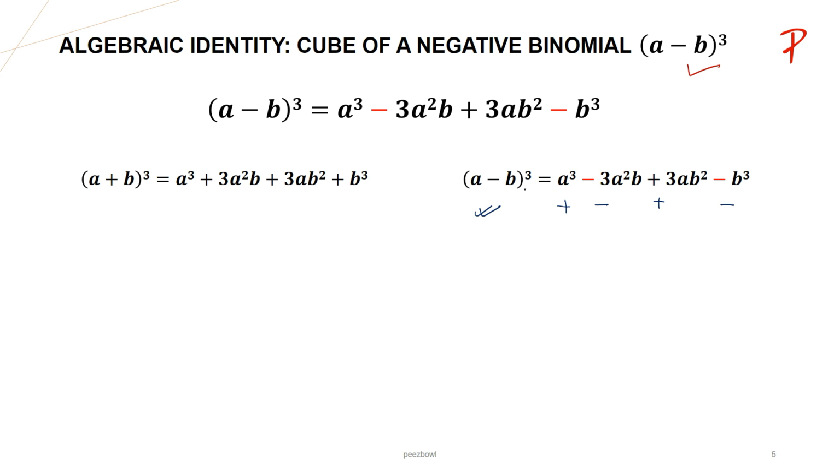In (a − b)³ we have coefficient of a³ as 1, coefficient of a²b is 3, coefficient of ab² is again 3, and coefficient of b³ is 1. In (a + b)³ also we have coefficient of a³ as 1, then 3, 3 and 1. So you see the coefficients are the same in both these binomials.